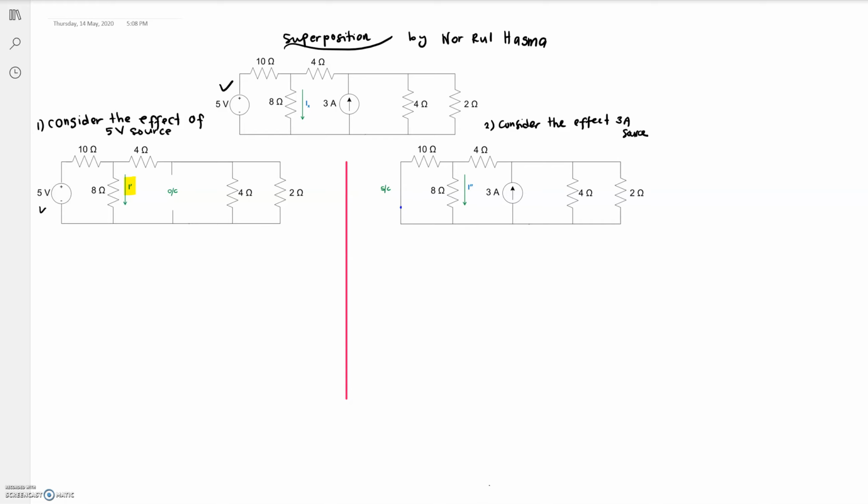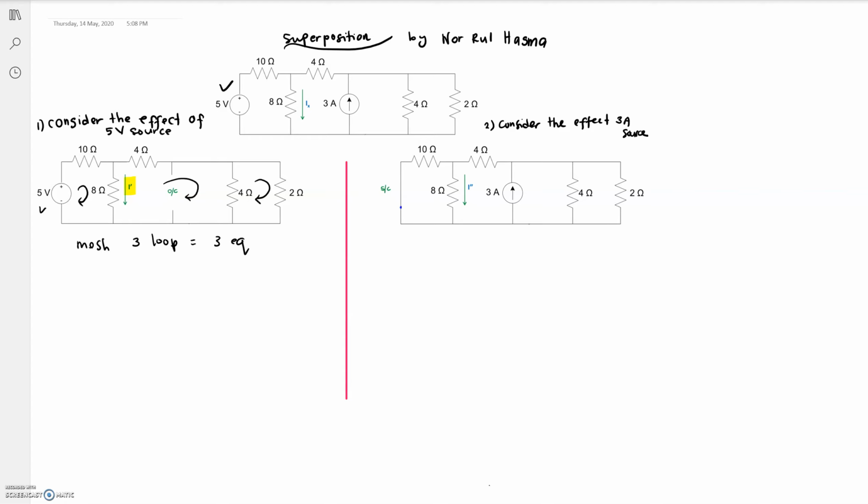If I choose mesh, there is the first loop, the second loop, and then the third loop, so mesh is 3 loops. It means 3 equations.